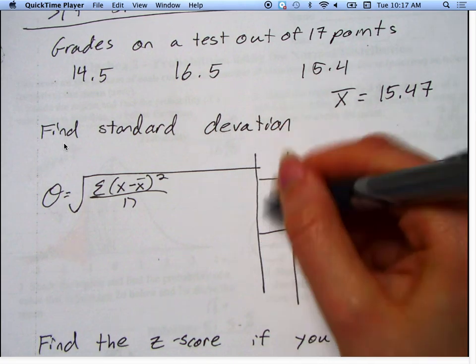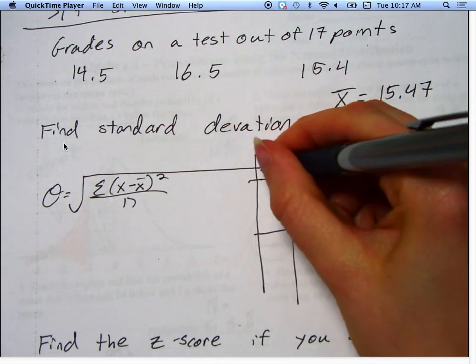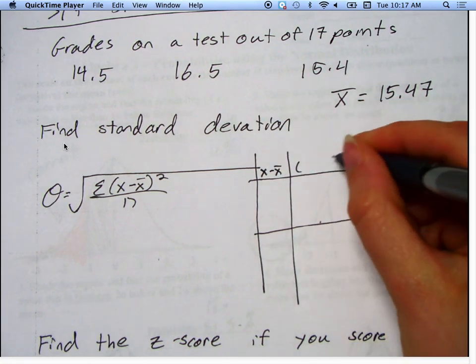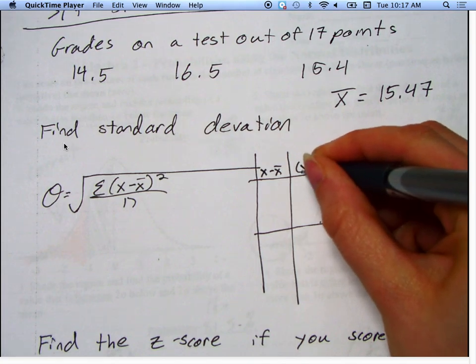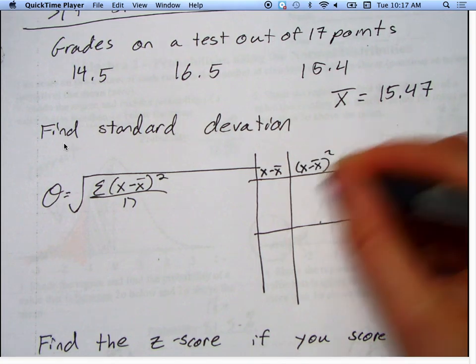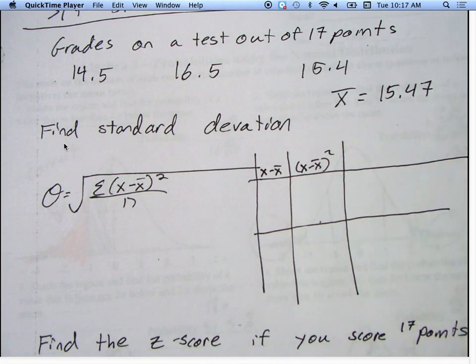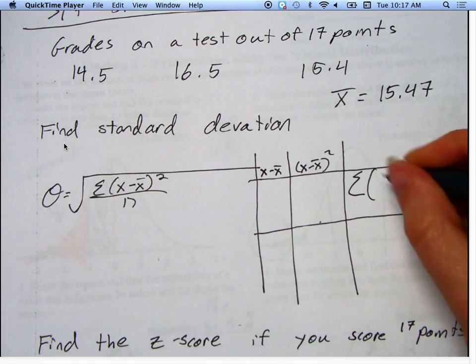In the first part of my chart, I'm going to say the score minus the mean. My second part of my chart is going to be the score minus the mean, squared. So we take whatever that is and square it. The third part of my chart is just the summation of all of them.